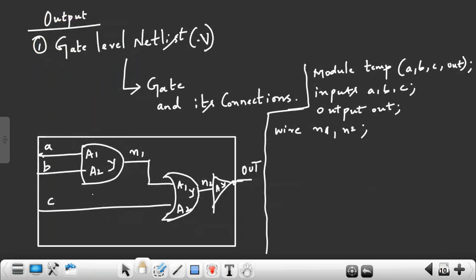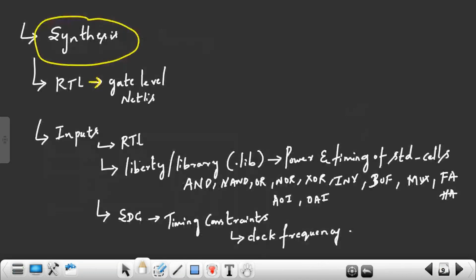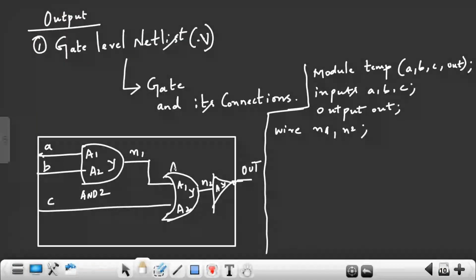This cell name I'll call AND2, meaning a 2 input AND gate. This is a name present in dot lib. The name for the OR gate is OR2, and the name for the inverter is INV.